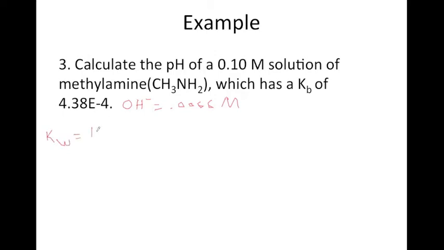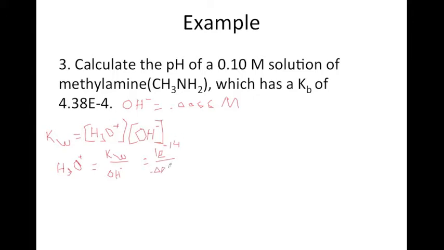And then you get Kw equals your hydroxide ion times your H3O+ ion, which equals 1 times 10 to the negative 14th. Then you write H3O+ equals Kw over OH-, which equals 1 times 10 to the negative 14th over 0.0066.